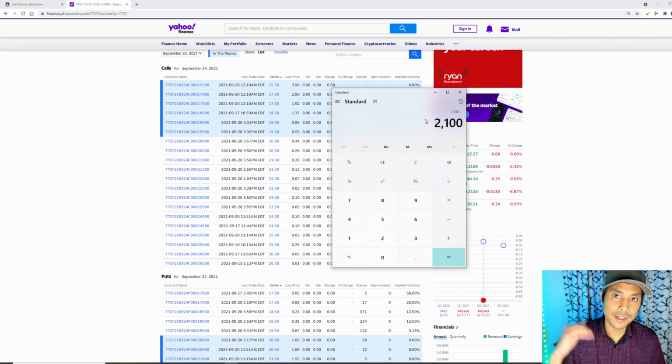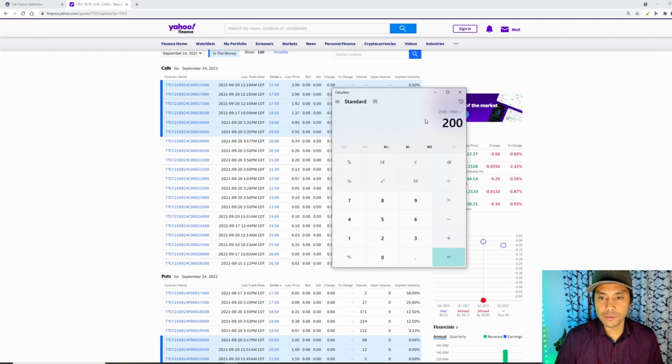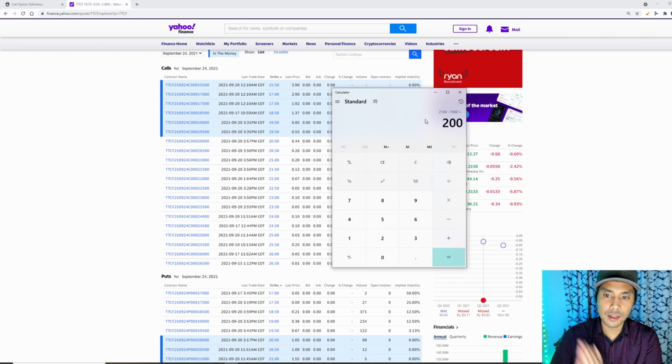Remembering I bought them for $19 each, times 100 is $1,900. Therefore, I would have made a profit of $200 if they reached that price. Also remembering I sold the call option on these, which I got paid $20 for, so I had $20 on top of this. That would mean I would get a total profit of $220 for the week.